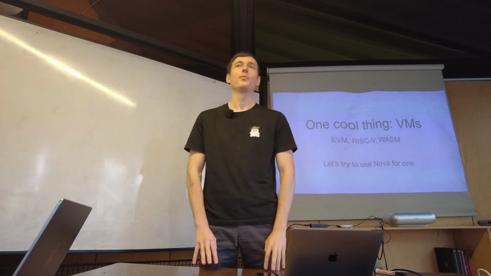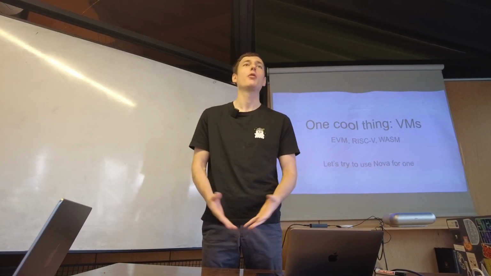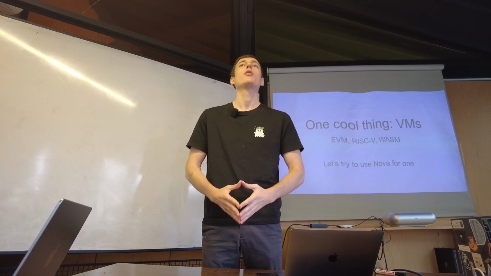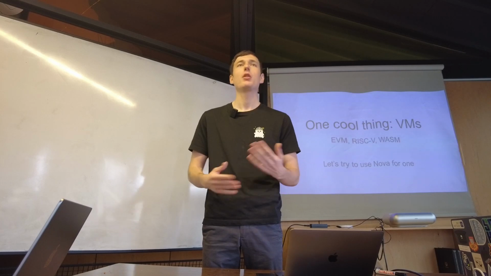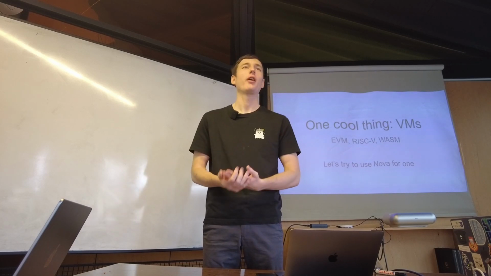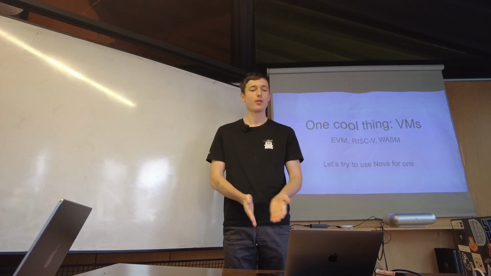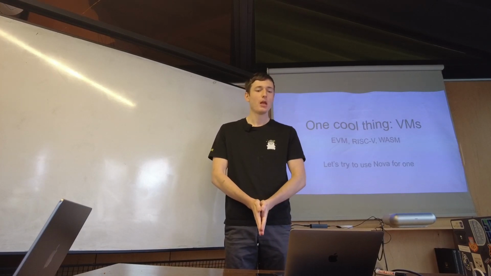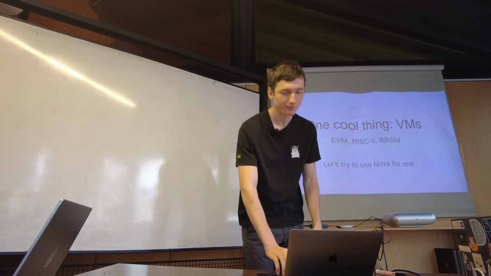Obviously, doing a ZK EVM is very important because it would allow us to have really, really good scalability on Ethereum L1 and on maybe other L2s by building, I don't know, L3s. But you could also prove other computation like RISC-V, WASM. So let's try to use Nova to build a VM.